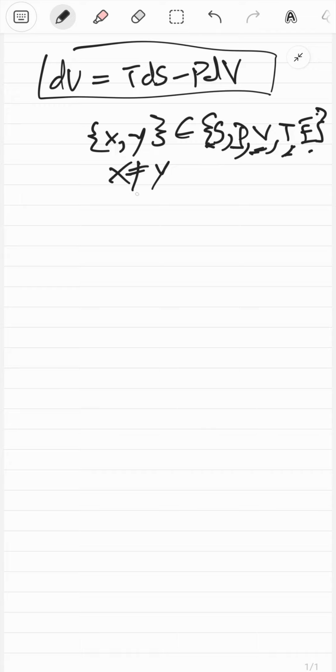Okay, so now we just use that fact and rewrite this equation. We have dU equal to TdS minus PdV, but we know what T is. T is just partial U upon partial S when everything else is constant.